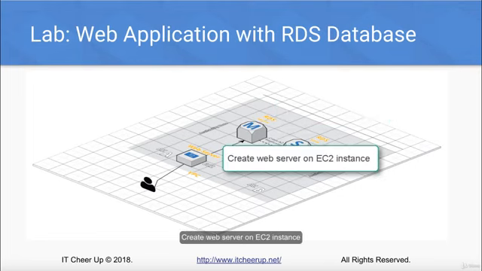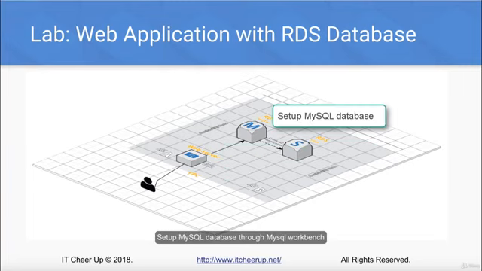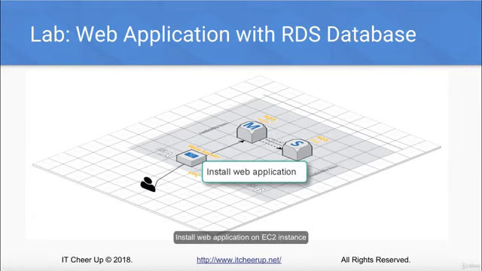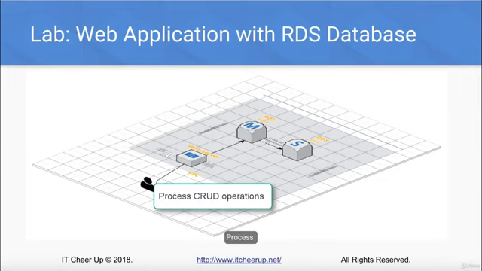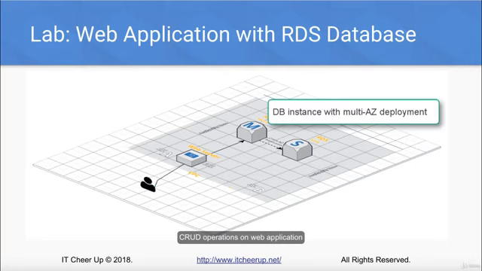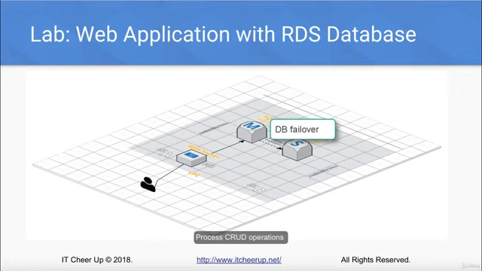Create the web server on an EC2 instance, set up the MySQL database through MySQL Workbench, install the web application on the EC2 instance, process CRUD operations on the web application, modify the DB instance with multi-AZ deployment, and process CRUD operations on the web application after DB failover.